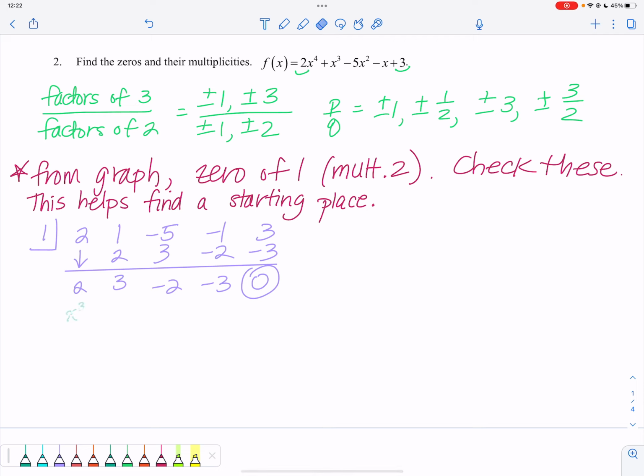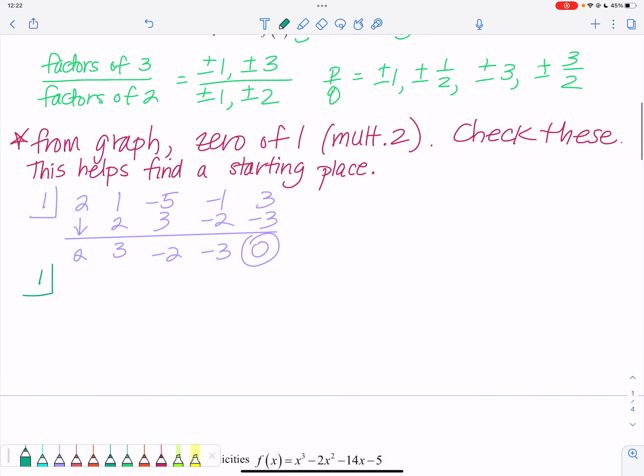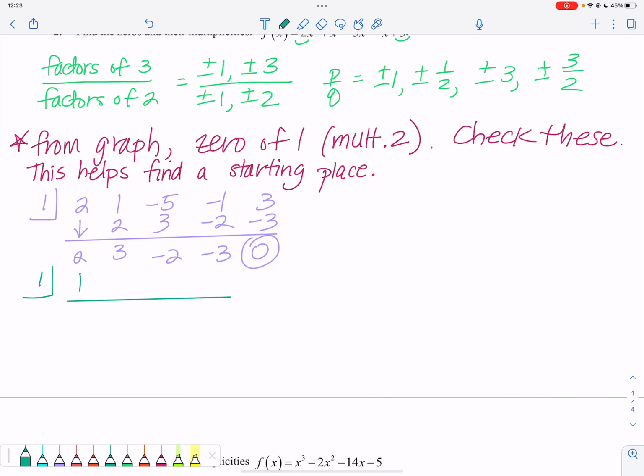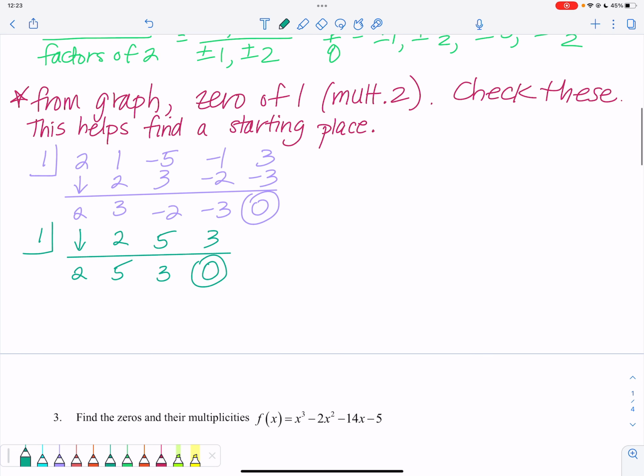So let's go ahead and put 1 in the box again and go into that cubic. So we'll drop that 2. And you can see we were correct. And I can always just write remainder here, or an R.